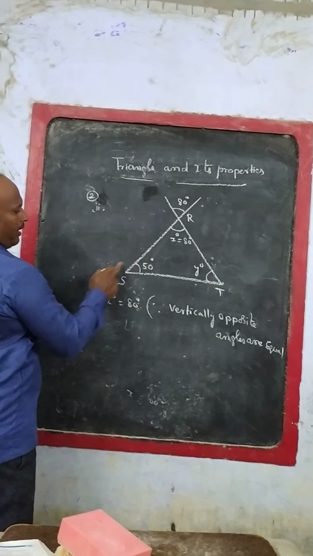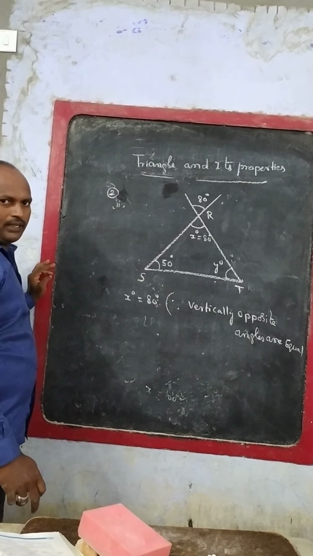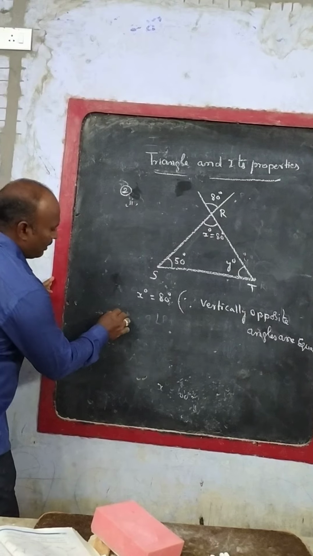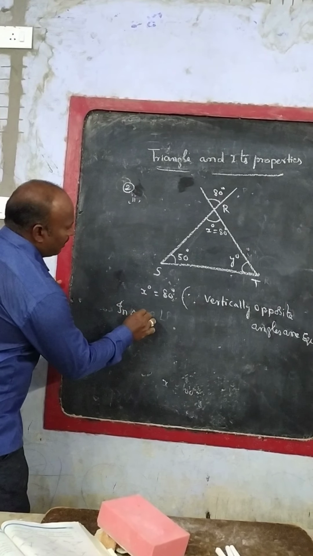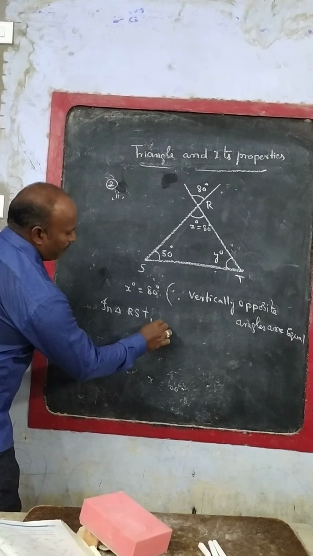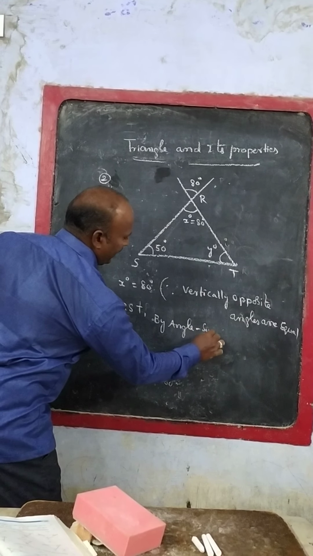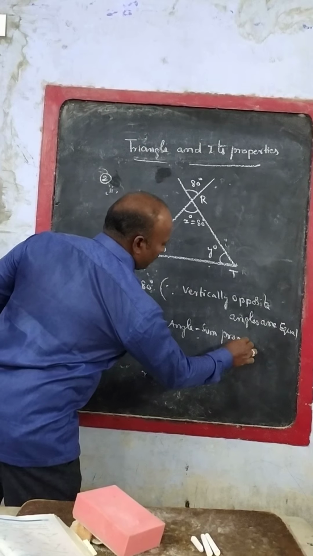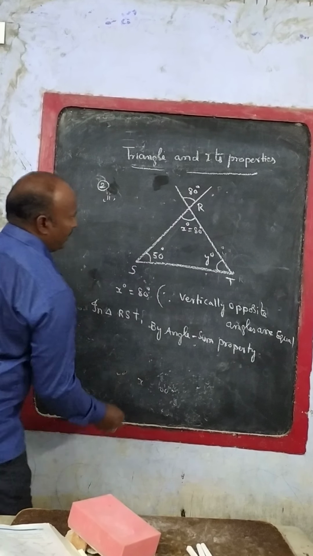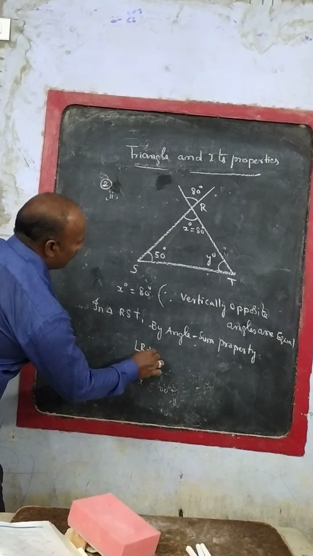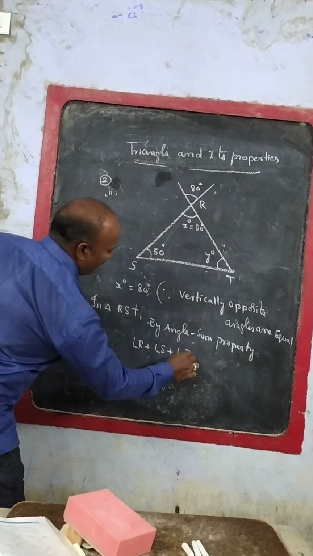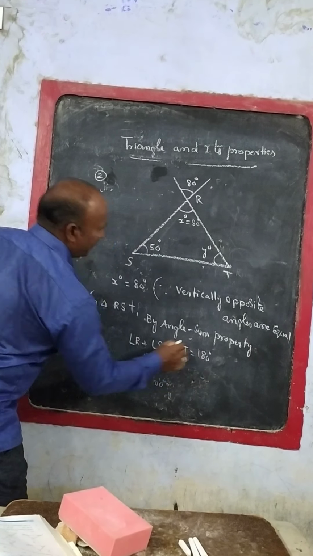Again in triangle RST, we have to apply the angle sum property. In triangle RST, by the angle sum property, the sum of three angles in a triangle is 180. That means angle R plus angle S plus angle T is equal to 180 degrees.